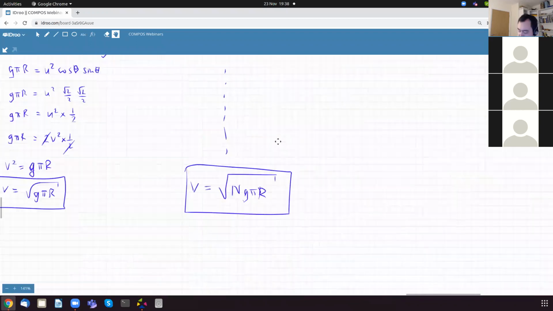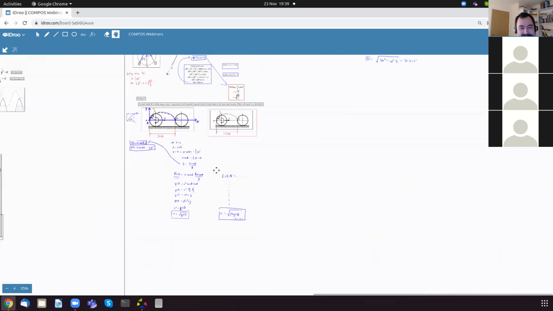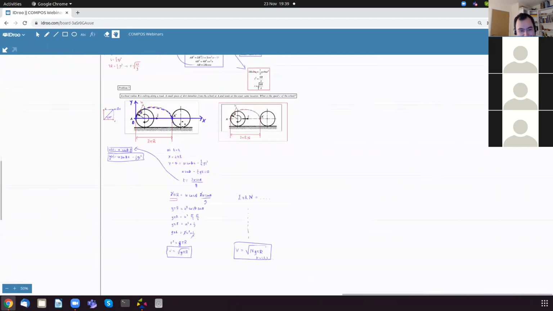We can say n is 1, 2, 3, etc. For any value of n, you can find the speed that you need in order for the little piece of dirt to land at exactly the same point.